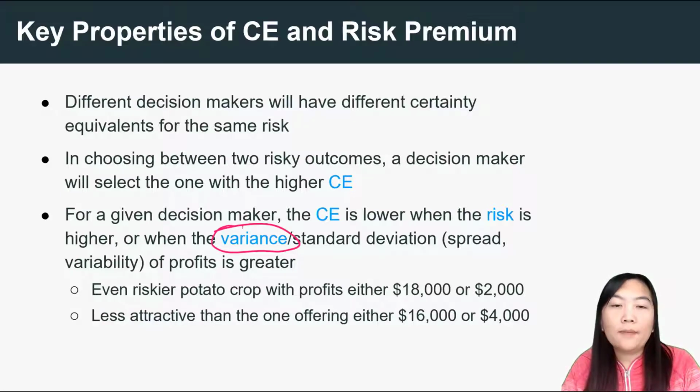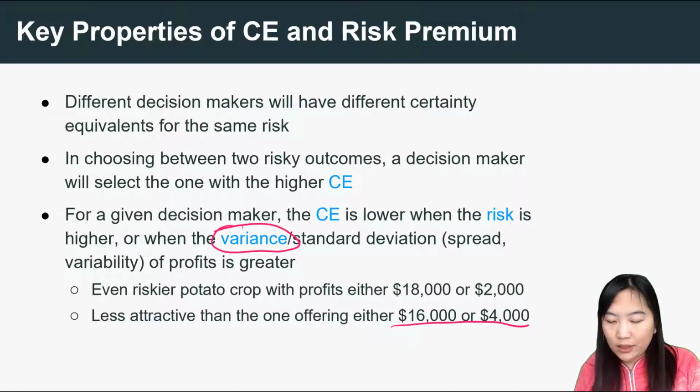Use the formula we introduced in the last lecture. If you do that, you should be able to find that potato is riskier than canola, so it is less attractive than canola, which is offering 16,000 or 4,000 under different weathers.